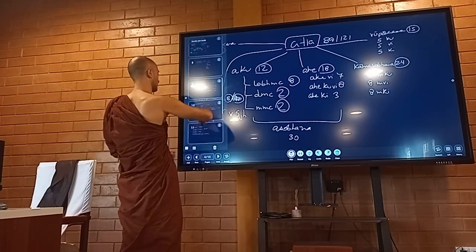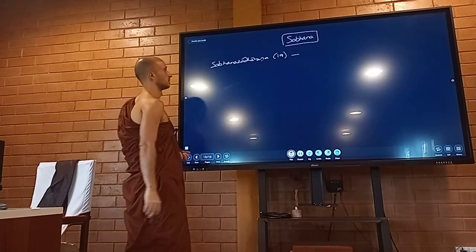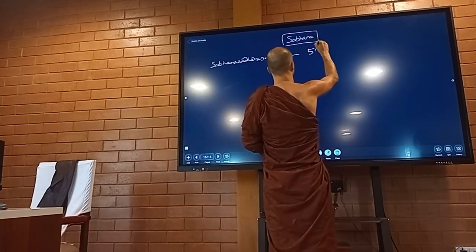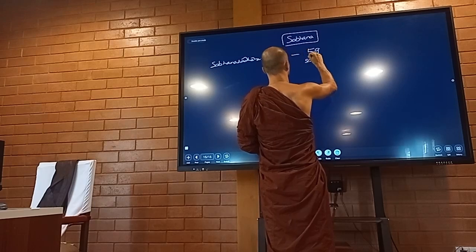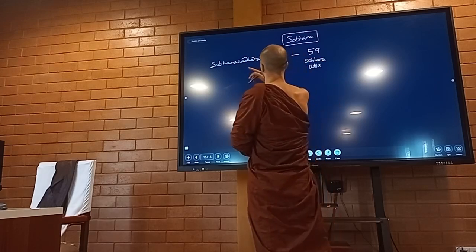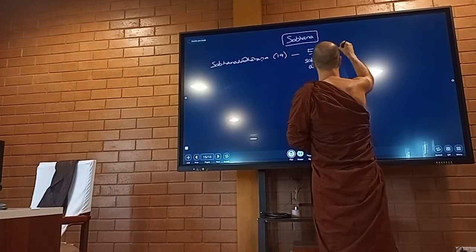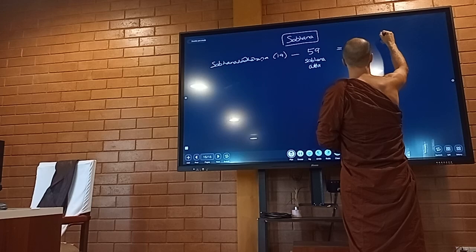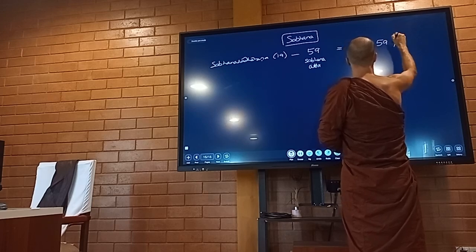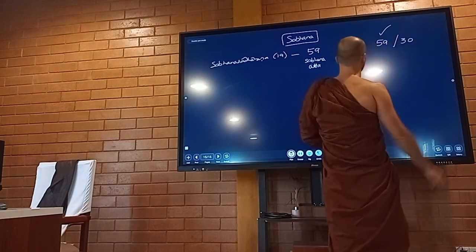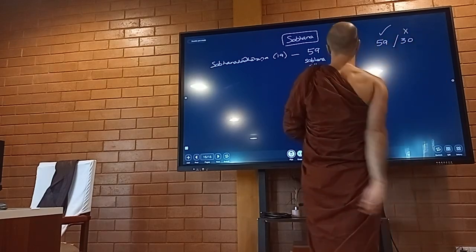Yes. 59 Sobhana cittas, Sobhana Sadharana. So in all these 59, you have the 19 cetasikas. So they arise in 59 cittas. They do not arise in 30 cittas. Easy.